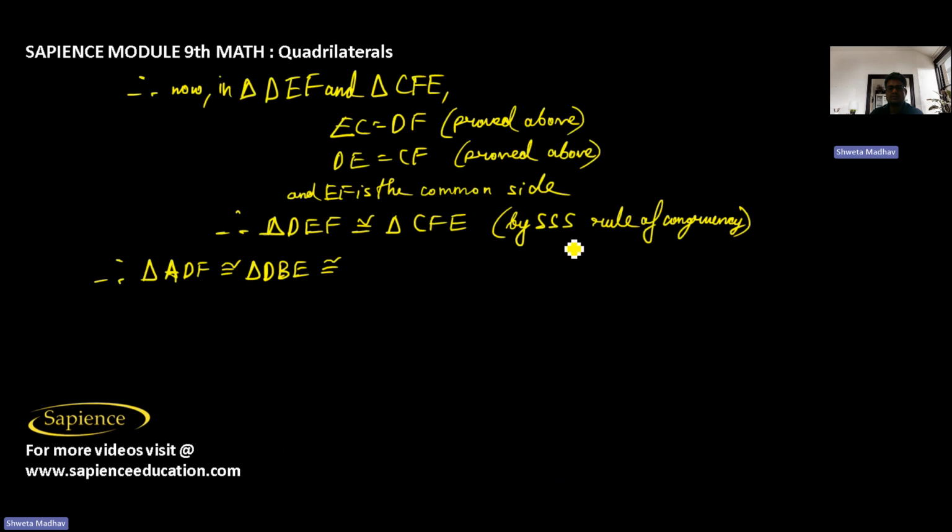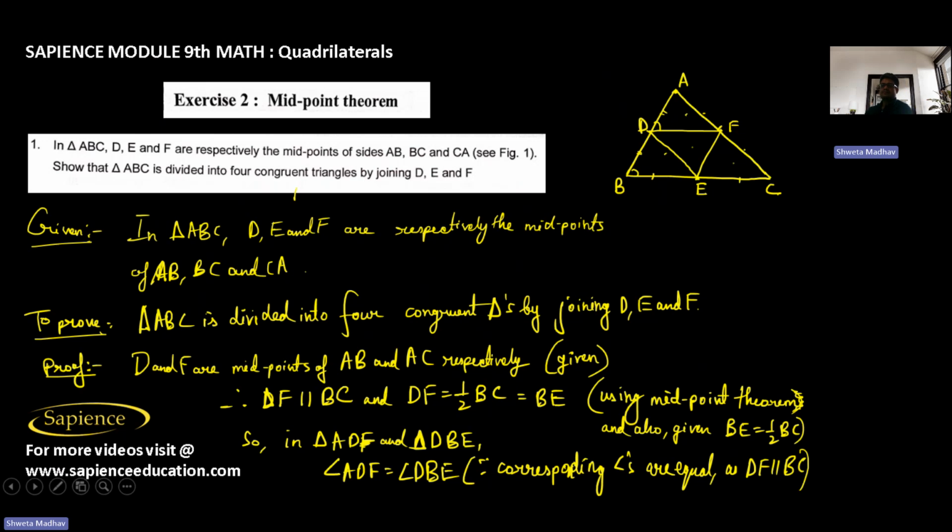ADF is congruent to FEC. Therefore, this will be congruent to, so F corresponds to E here, so that will be congruent to triangle EFD.